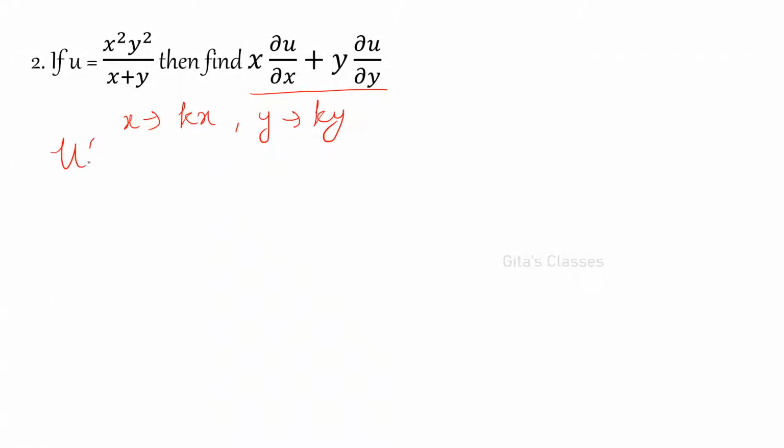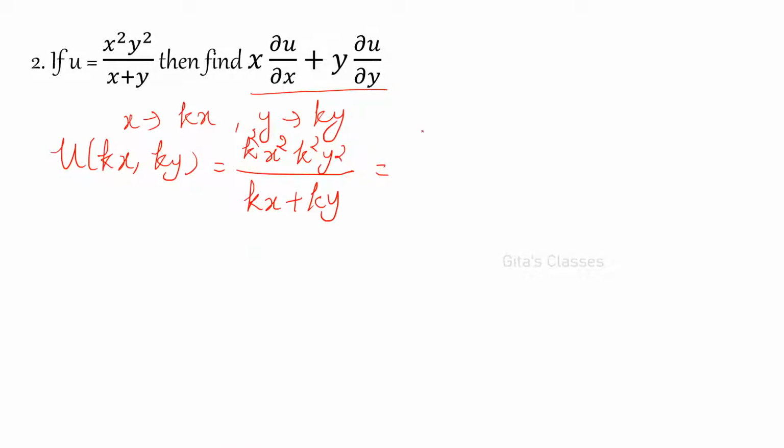So u of kx comma ky is equal to, wherever you have x you replace it by kx. So k squared x squared into k squared y squared divided by kx plus ky, right? So k power 4 into x squared y squared divided by k into x plus y.